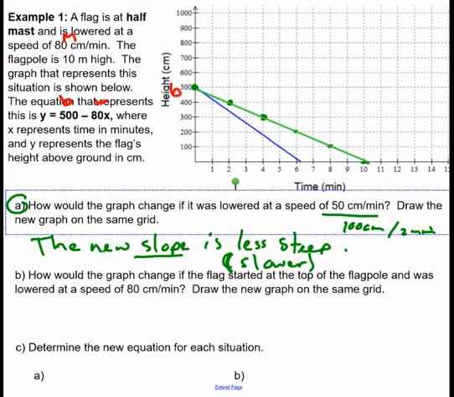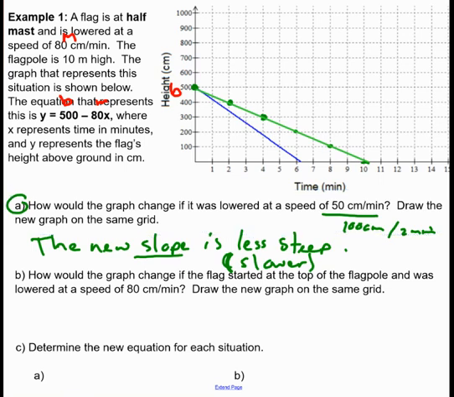Next, how would the graph change if the flag started at the top of the flagpole? Remember, right now, 10 meters is the total height, and it's only at half mast. So let's pick a different color here.